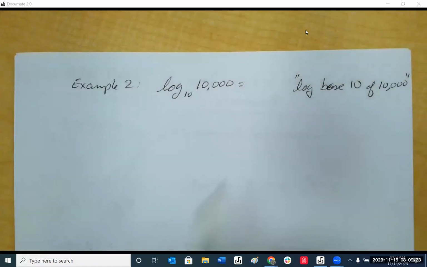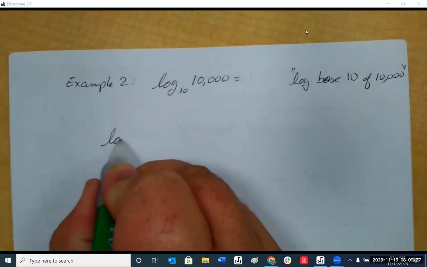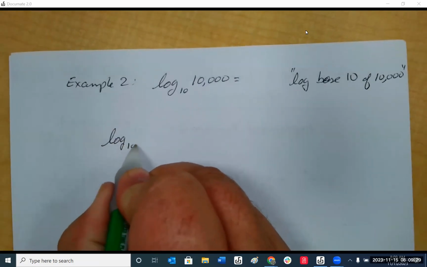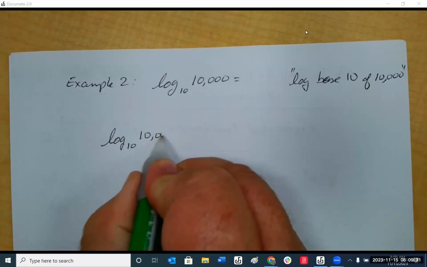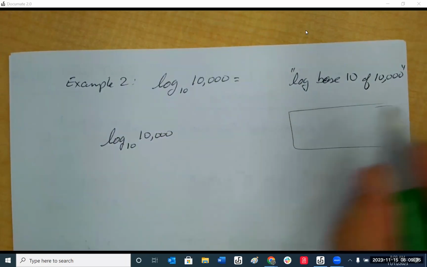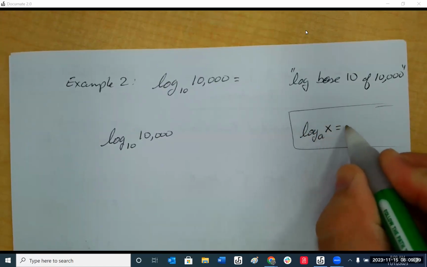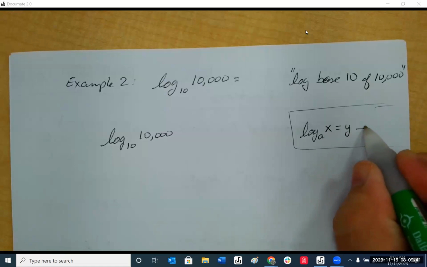To find this value, we'll go back to the conversion. Log base a of x equals y.